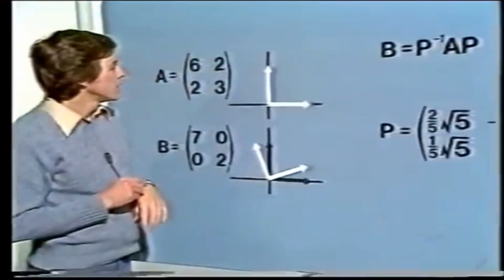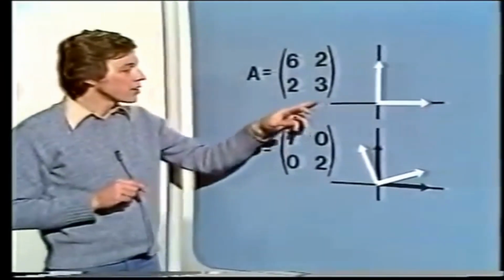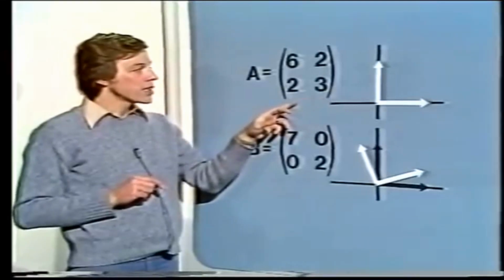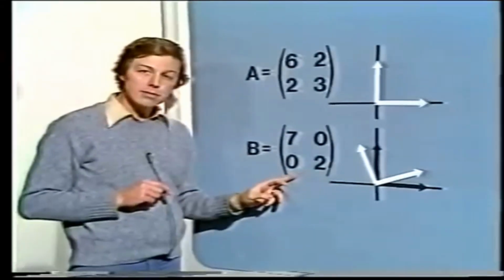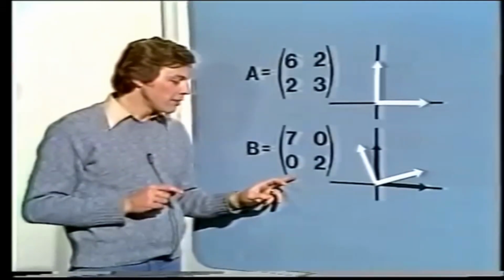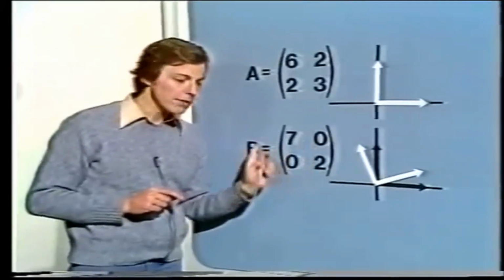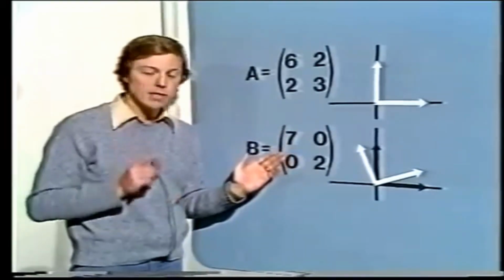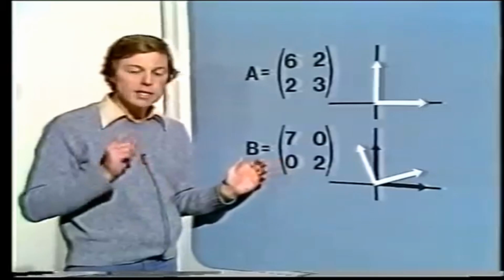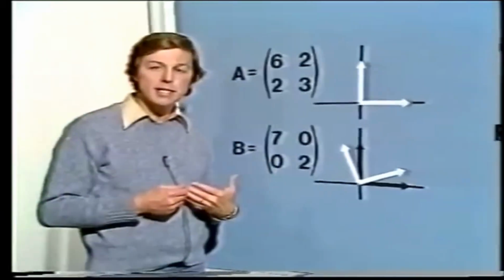If you go back to the matrix A, you remember we started with the matrix A, which was symmetric. We ended up with the matrix B, which was diagonal. But the particular point I want to make is that it's symmetric. Perhaps in a rather trivial sense, because all the off-diagonal terms are 0, but nevertheless it's symmetric. And it turns out that that's always the case.